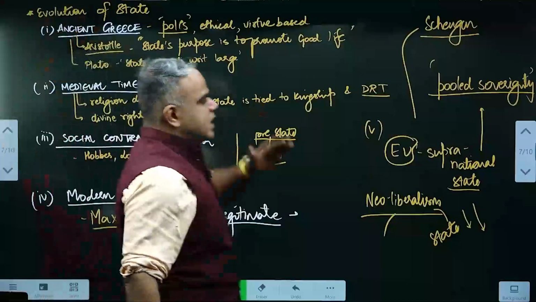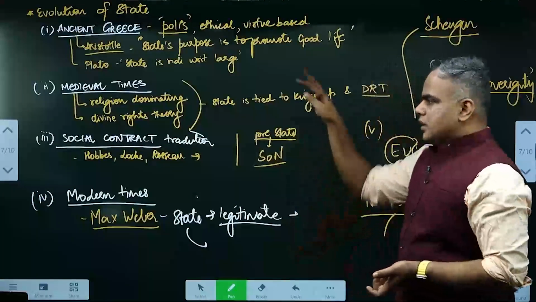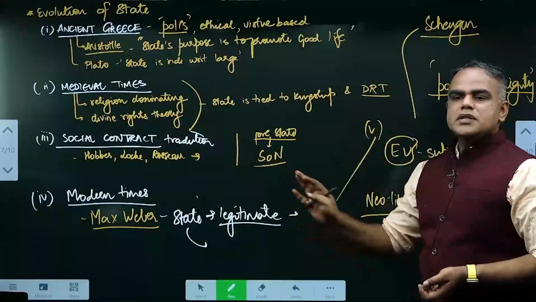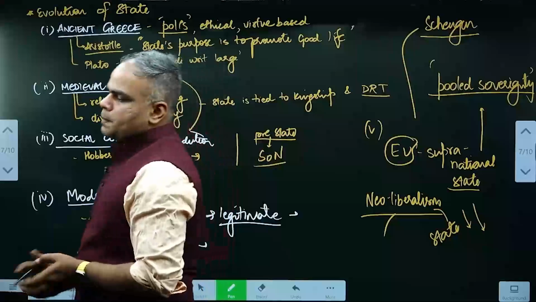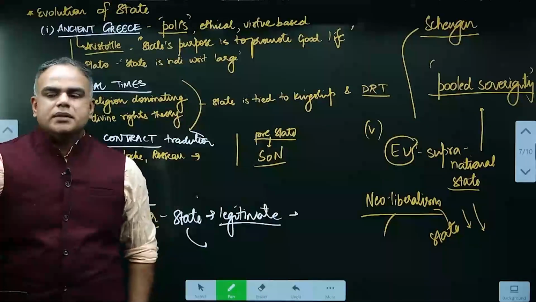In case you have made running notes, excellent, but still I'll give you one paragraph combining all of this so that you remember. The heading is Evolution of the State.